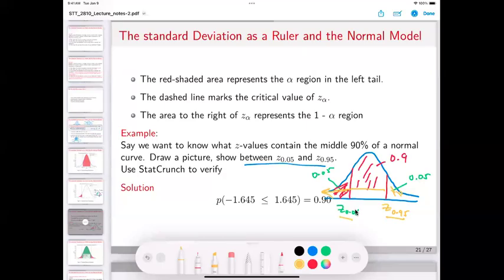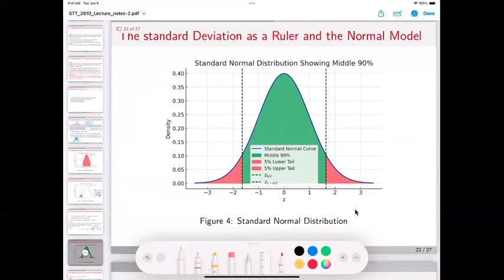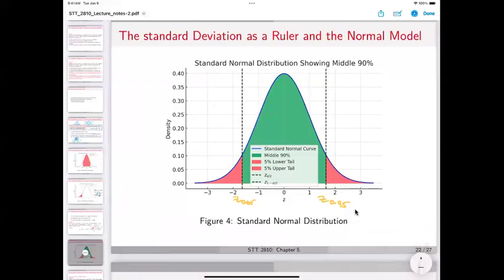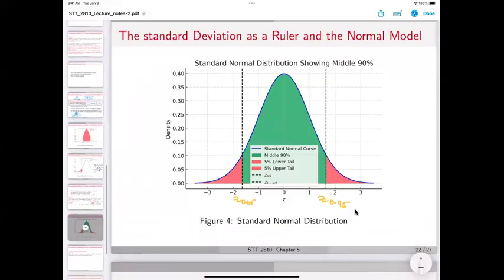So these are the fundamentals that you have to be able to know. And so I decided to draw a picture just to show you. So this is z 0.05. This is z 0.95. Okay, now that we have learned this, so now you can be able to read, right?